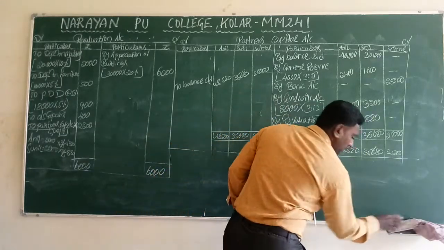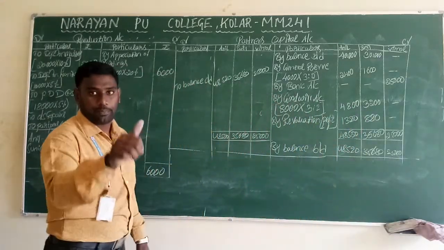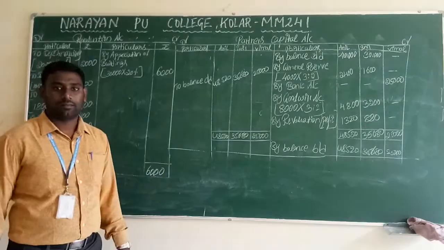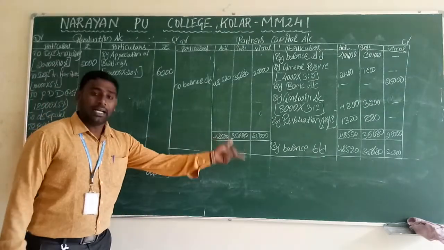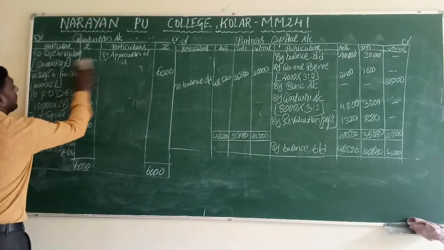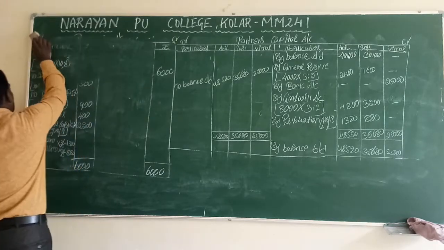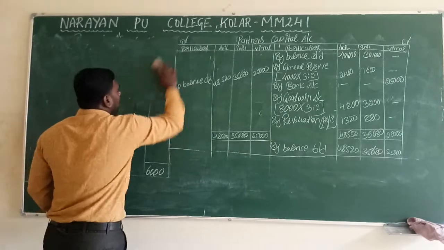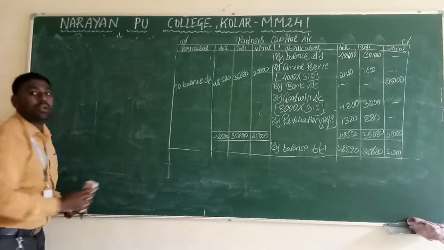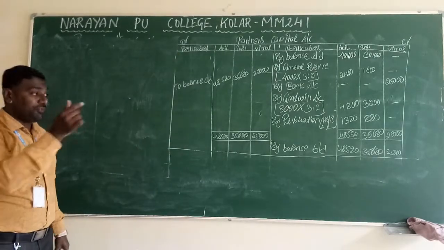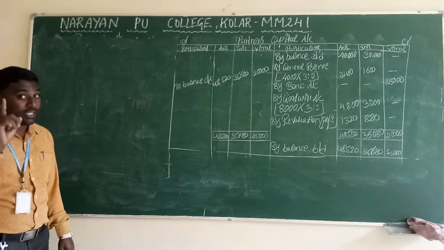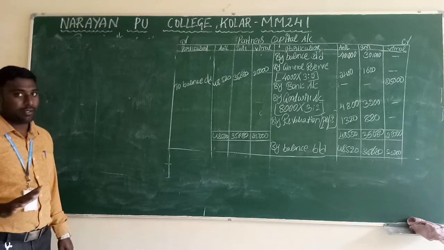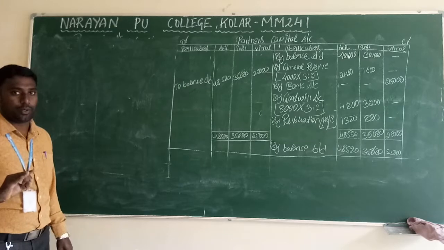The second account is completed first. So let's come to the third account, that is the bank account. Here the bank account and goodwill account are not compulsory. If they ask in the question, only then we have to prepare the bank as well as the goodwill account.